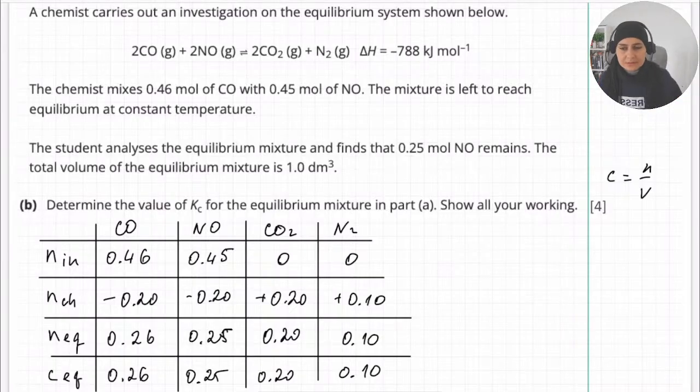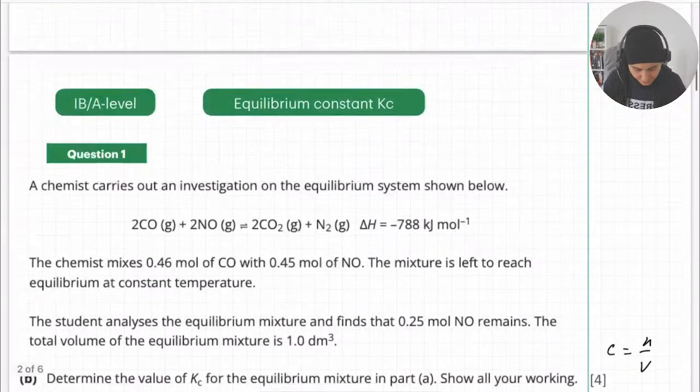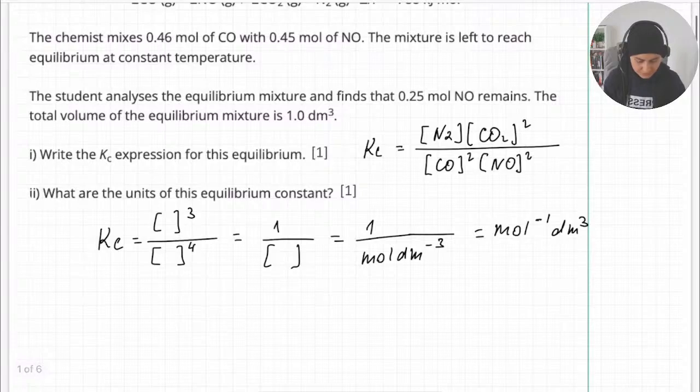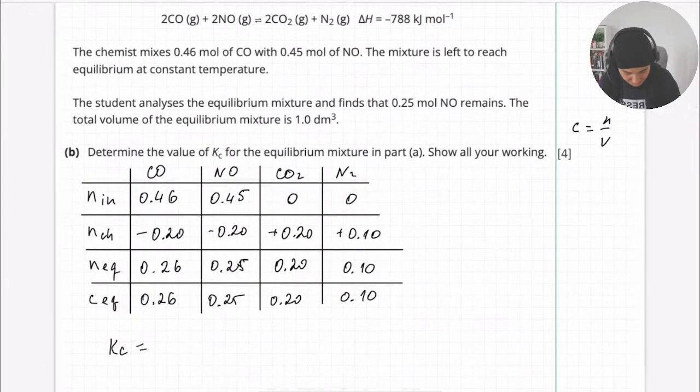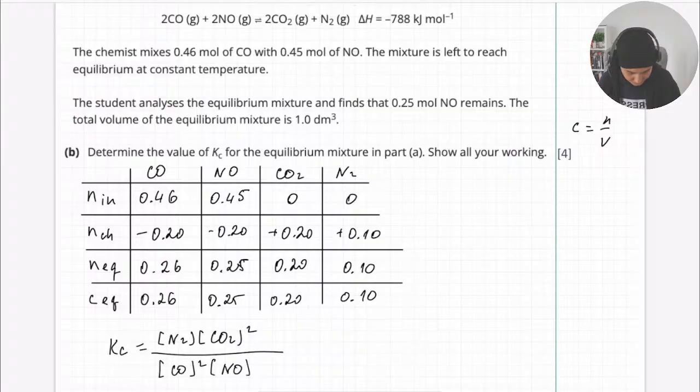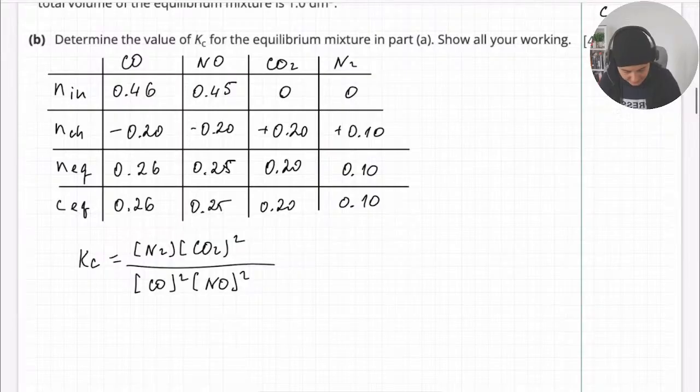So we found the equilibrium concentrations of every single substance. And that's it. Now we just plug it into the Kc. The Kc expression we already know, I will just write it out one more time, but you have it from the previous question. So Kc is nitrogen times CO2 squared over CO squared times NO squared. Let's plug everything in.